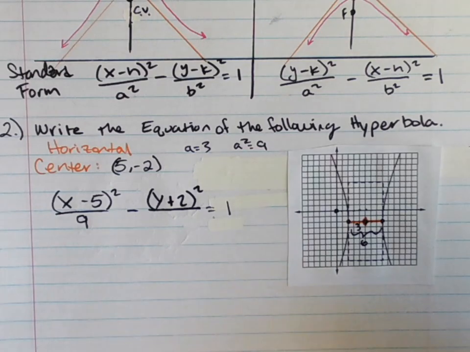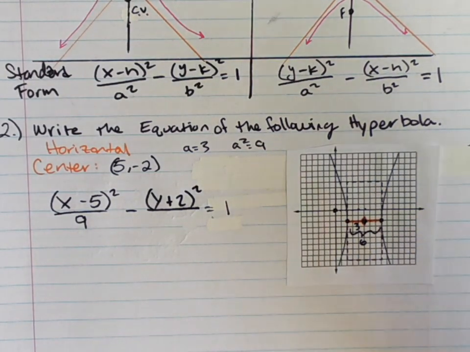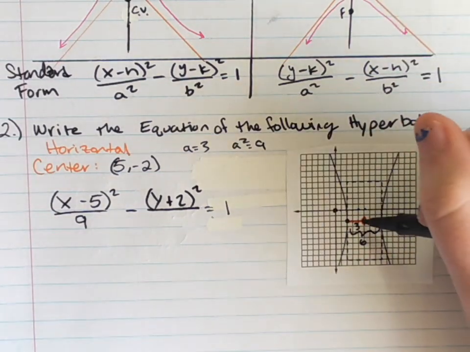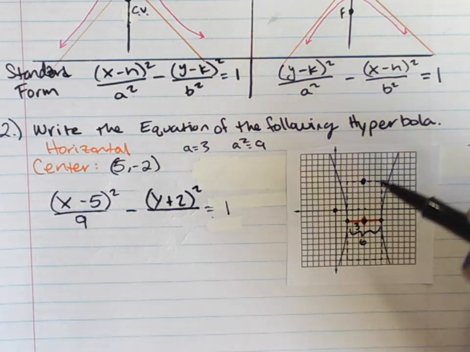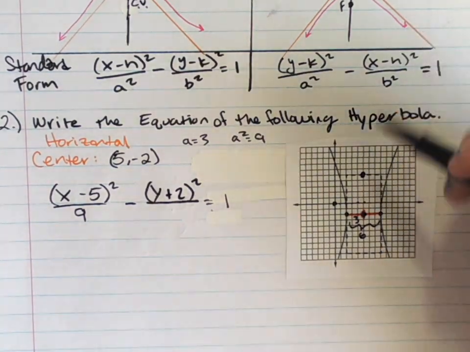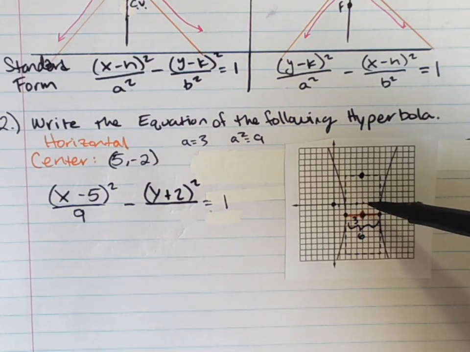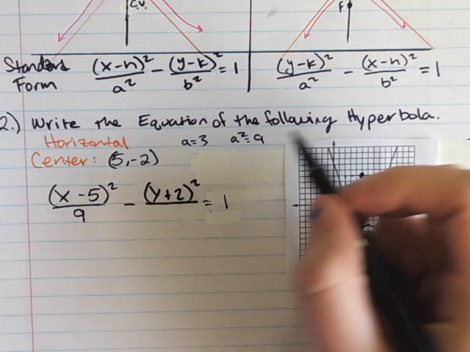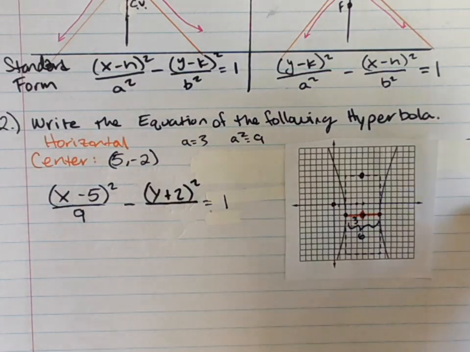There's that. Then we have to find the distance from the center to the co-vertex. It's going to be on the same line as the center. So this is what I was talking about when they put the little dotted box in the last video. So this coordinate looks like it's 1, 2, 3, 4, 5. Why am I doing that? It doesn't matter what the coordinate is. We just need to count the distance.